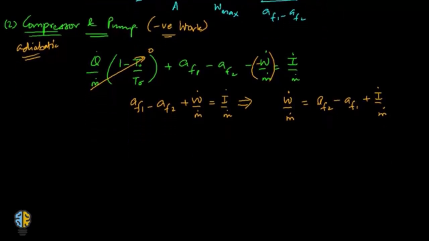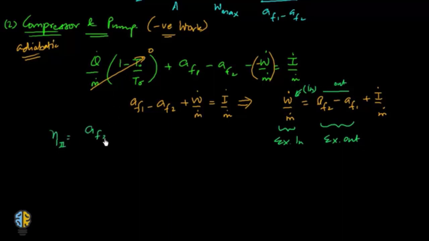Now in this, these two terms are changed. Because the work is the input and this is the output, this becomes my exergy input and this becomes my exergy output. So the value of the second law efficiency becomes AF2 minus AF1 divided by W dot upon M dot.